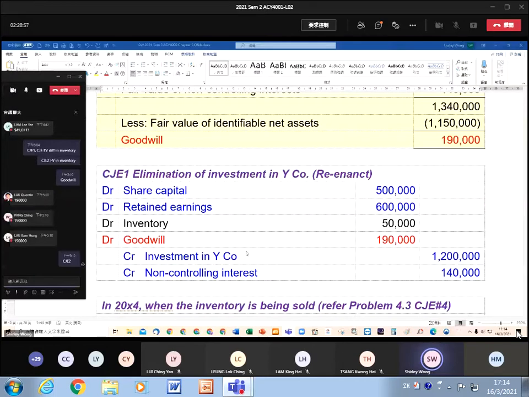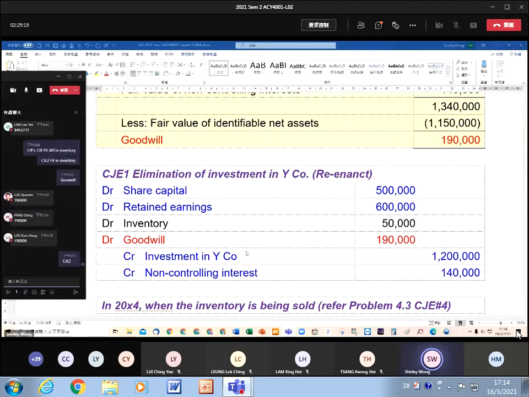So when they sell the inventory, they will debit cost of goods sold, credit inventory for 200,000. However, from the angle of the holding company, you need to debit cost of goods sold 250,000, credit inventory 250,000. Therefore, the difference is 50,000.